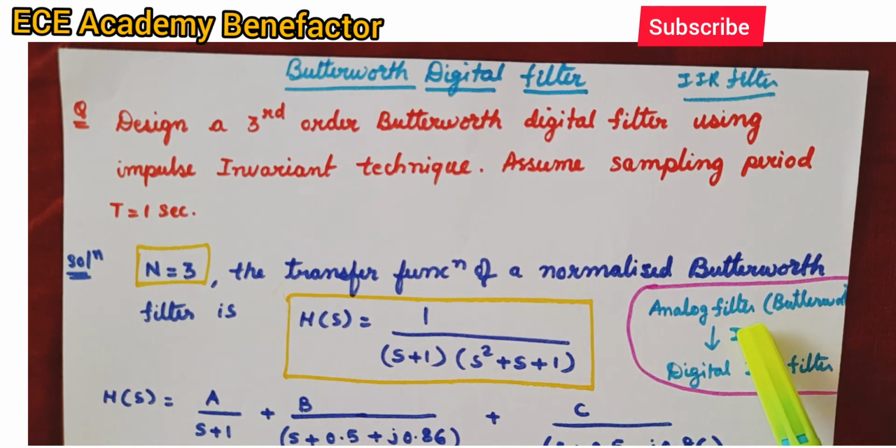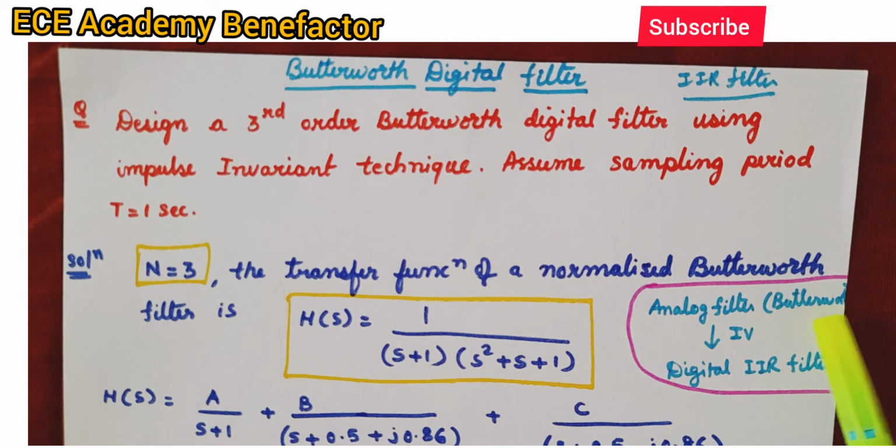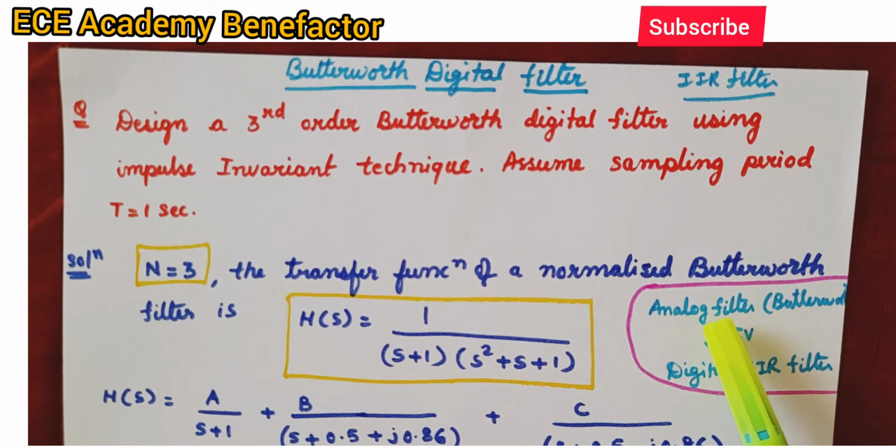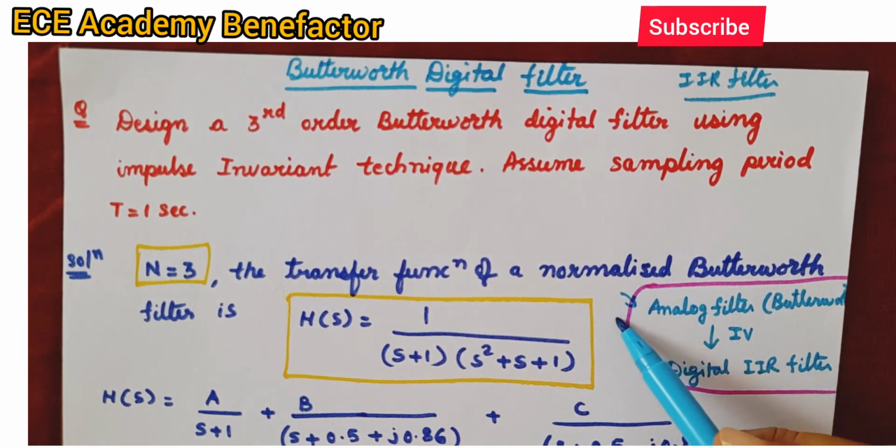So, first what we have to do? We have to find the transfer function of an analog filter. Which filter? Butterworth filter, analog Butterworth filter, and then digitize. By design of analog Butterworth filter, what are we trying to calculate here?